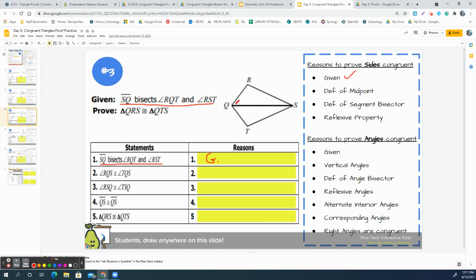So SQ is the knife that cuts S in half and Q in half. Okay, that's what this says. So if I've got RQS, that's this blue angle, and TQS, that's this blue angle. What's the reason here for number 2?